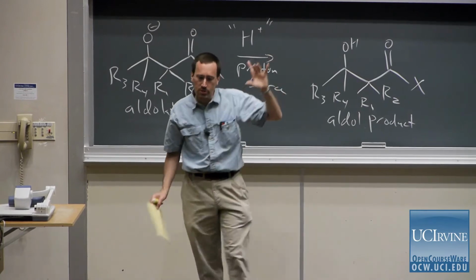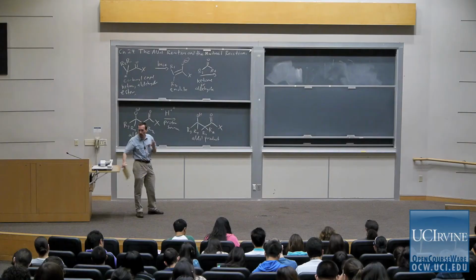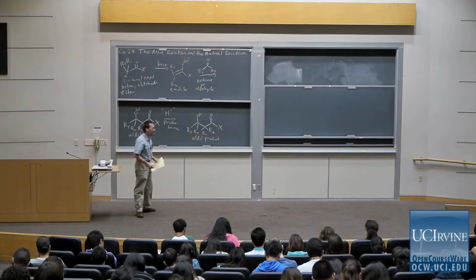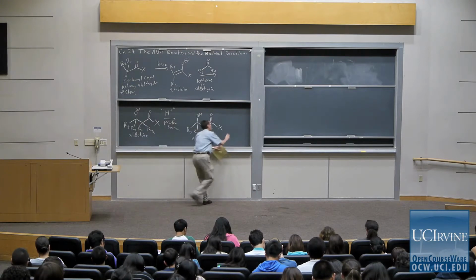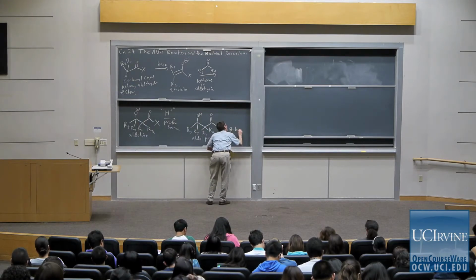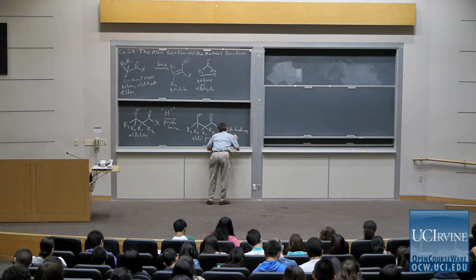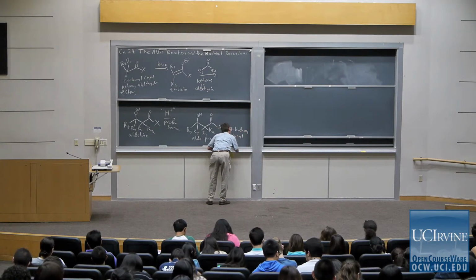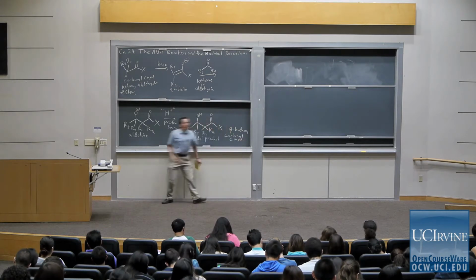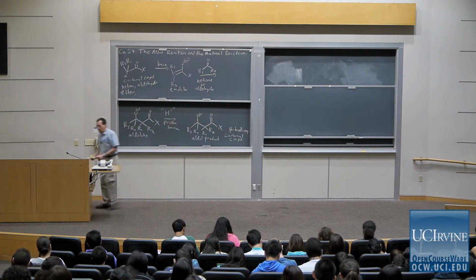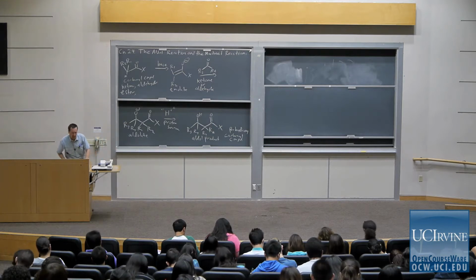Later on, I'll also show you aldol products that are alpha beta unsaturated carbonyl compounds. All right, so that's sort of the overview at 5,000 feet.